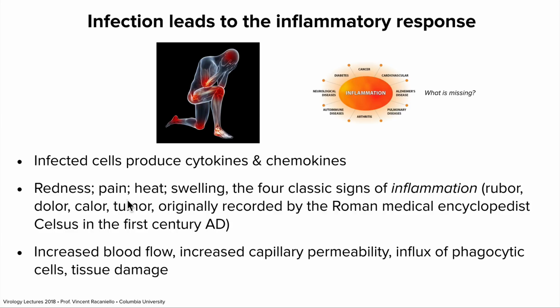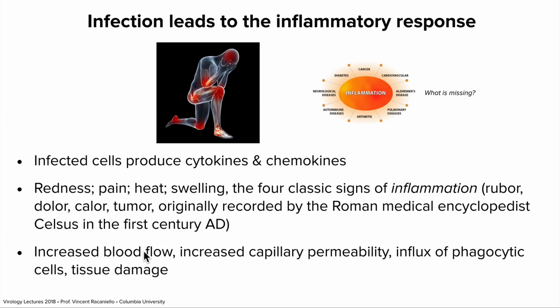And there are 4 signs of inflammation: redness, pain, heat, and swelling. And the Roman Celsus recognized this in the 1st century AD. He called it rubor, dolor, calor, and tumor, the 4 classic signs of inflammation. And these are produced by increased blood flow, increased capillary permeability, the influx of phagocytic cells, and tissue damage.